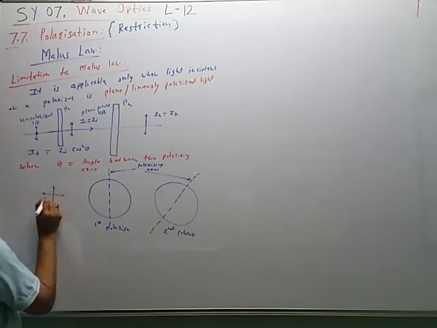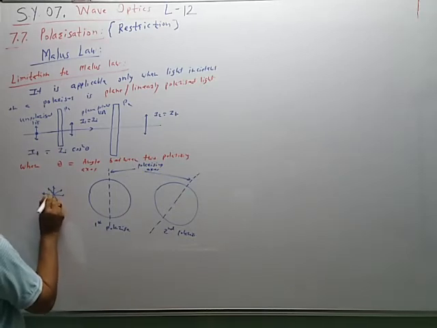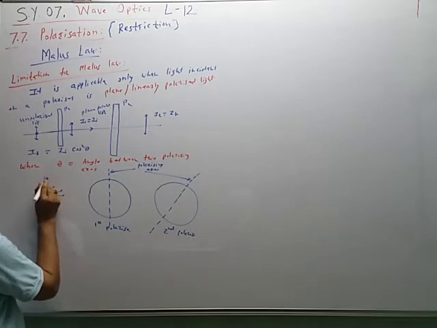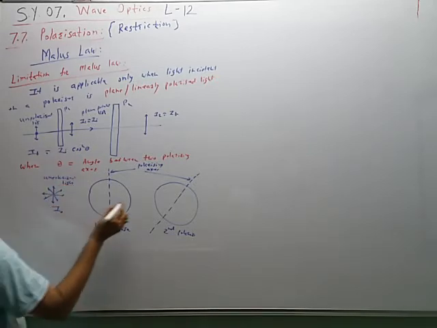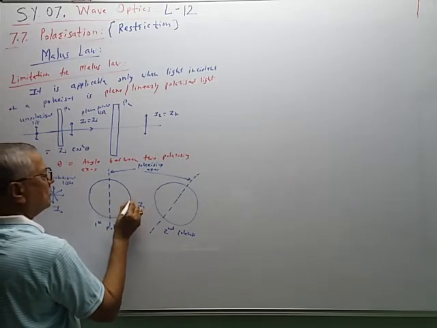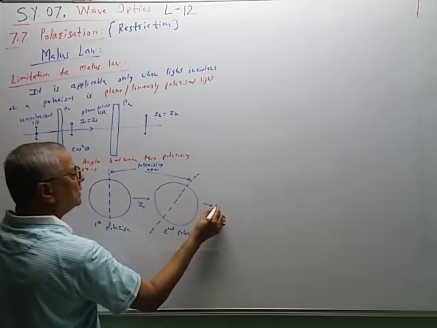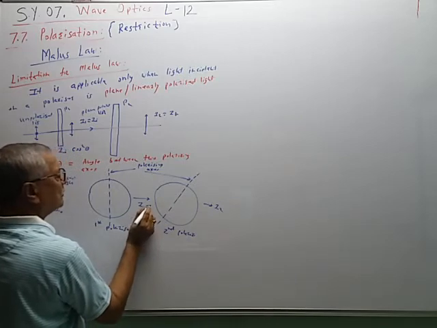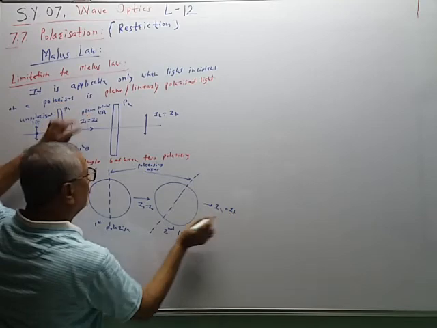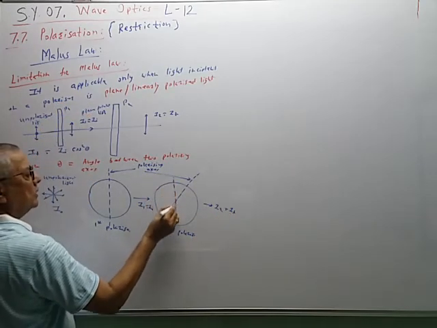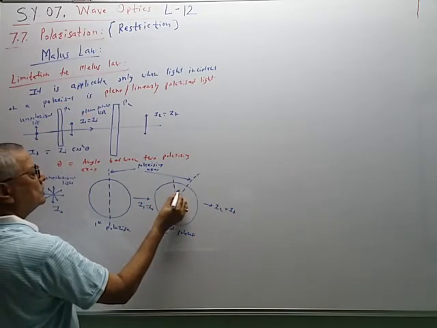Unpolarized light is shown like this, a symmetrical distribution of electric field vibration. This intensity is I0, this intensity is I1, and this intensity is I2. So I1 is equal to I in our figure, I2 is equal to IT, and the angle between the two polarizing axes is theta.